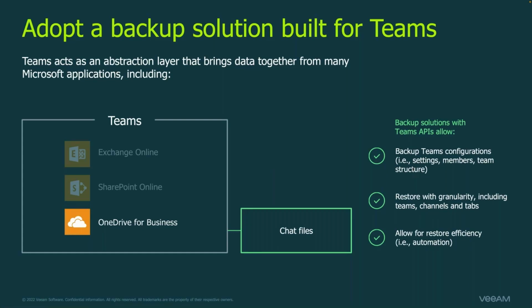When you want to restore the whole Team or the channel, you can restore that metadata as well as the data, which will be restored to the respective applications, such as the chat files going to OneDrive and the OneNote for SharePoint being restored into SharePoint Online. You want that capability. Veeam Explorer for Teams helps you do that. You do not have to do any post-recovery steps after you perform a restore.